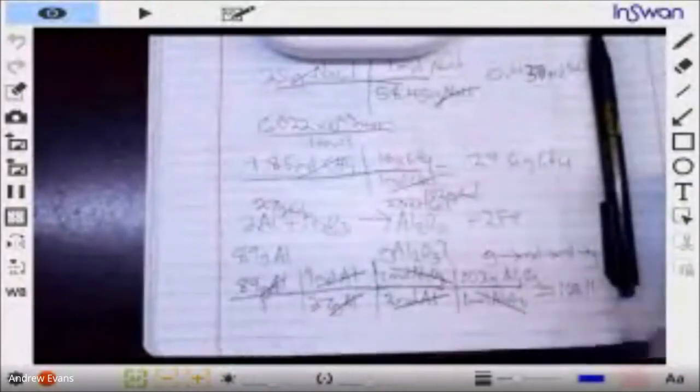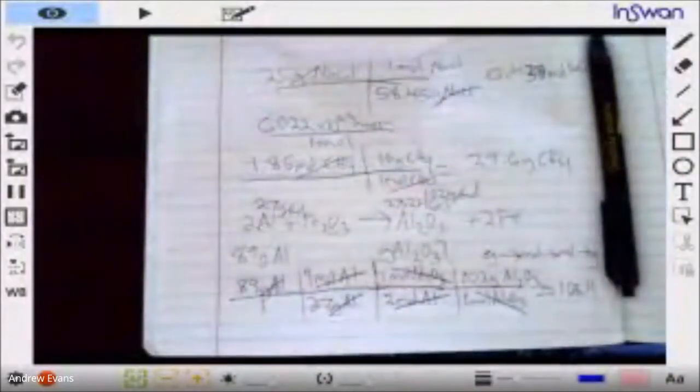That's because we are gaining a significant amount of mass from oxygen. Each aluminum weighs 27, but each oxygen weighs 16, and we're getting this in a 3-to-1 ratio. Sorry, let's see if we can get the light back on.